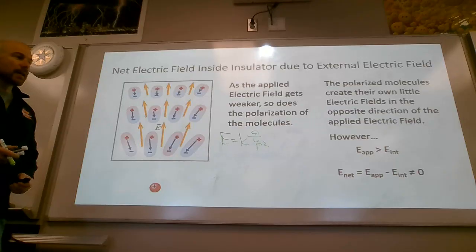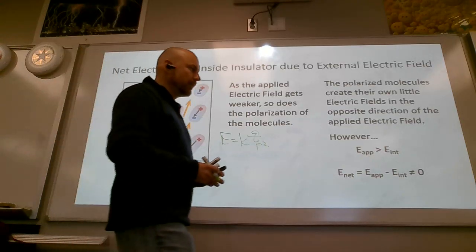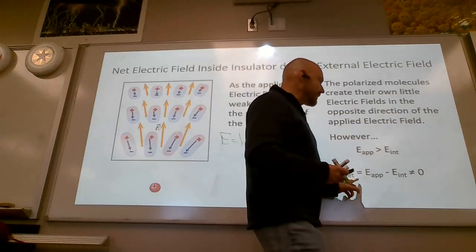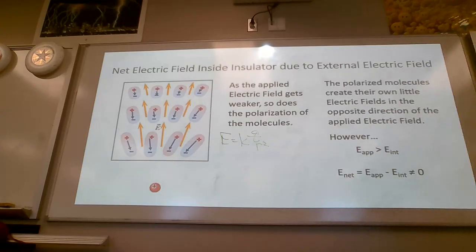So the net electric field is less than what the external field is, but there's still field going through it. It doesn't get canceled out. You all right with that? Okay. And when we get to dielectrics with capacitors, this is going to be an important fact.